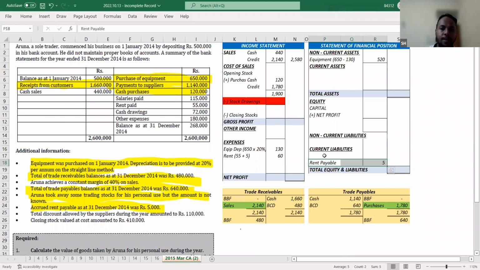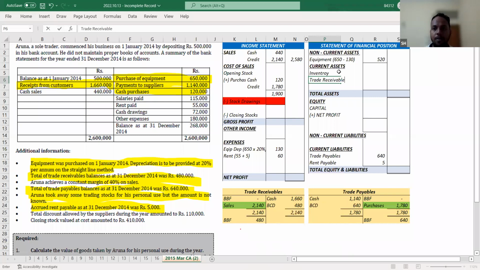Right before the rent, we have to have trade payables. Trade payables we already know it's 640, and in current assets, in the format you should have inventory and trade receivables and any other current assets.